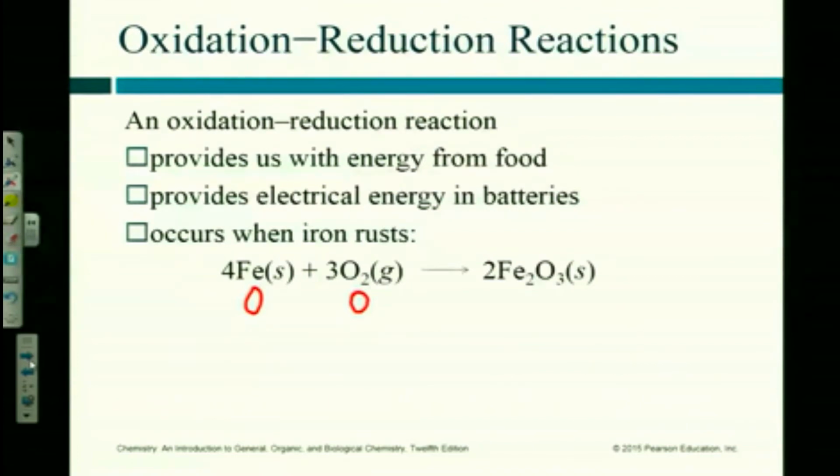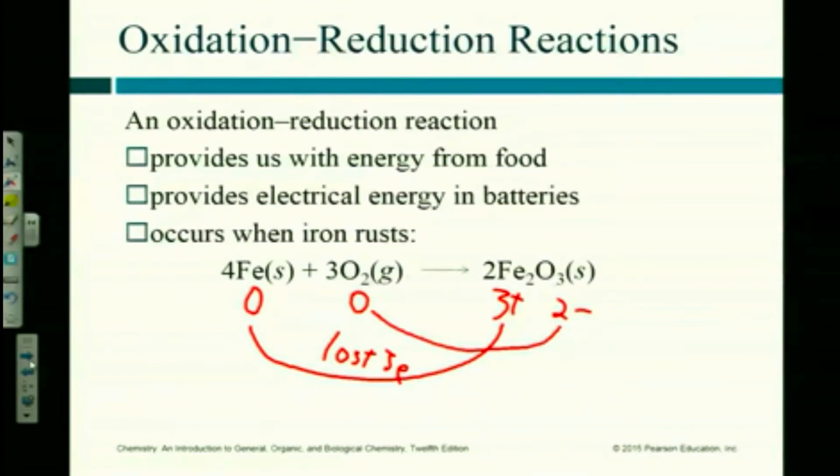It is. Y'all should all know that. What's the charge on the oxygen there? 2 negative. So what happened to iron? Iron lost 3 electrons. Oxygen gained 2 electrons.